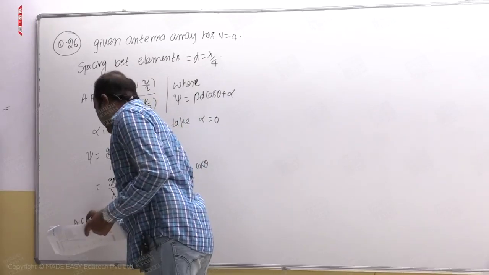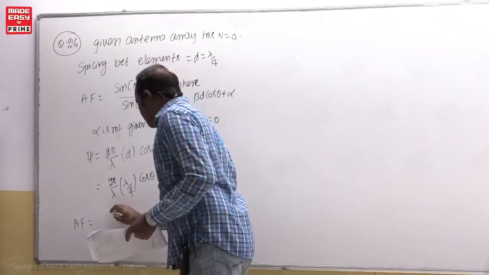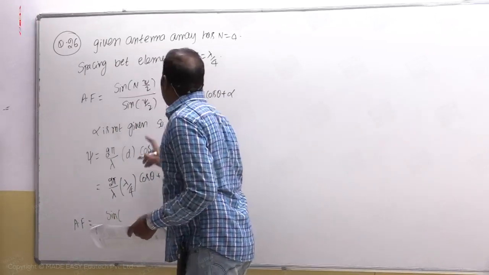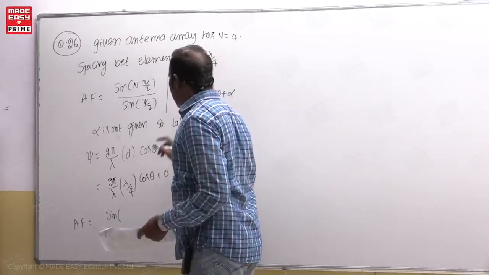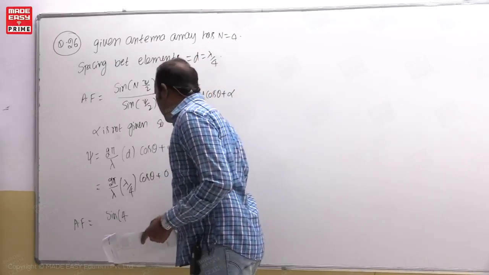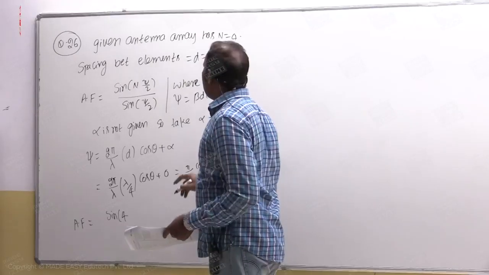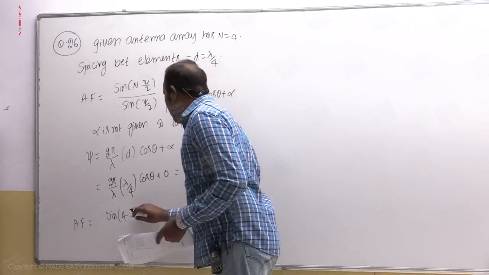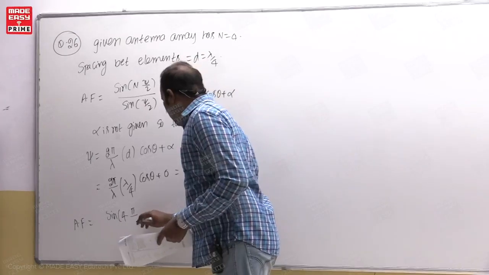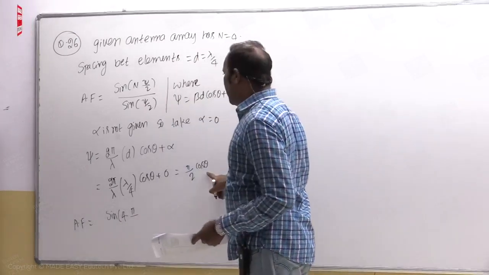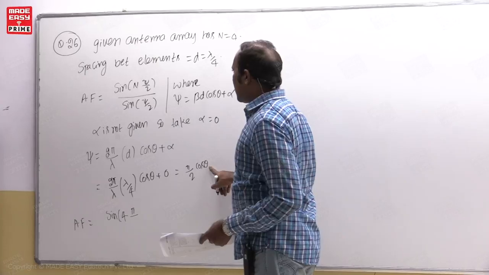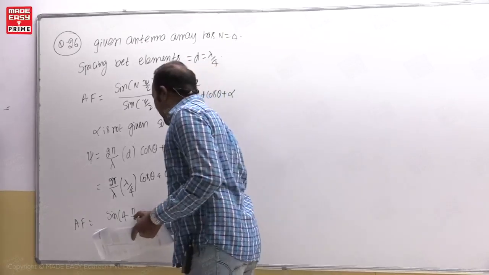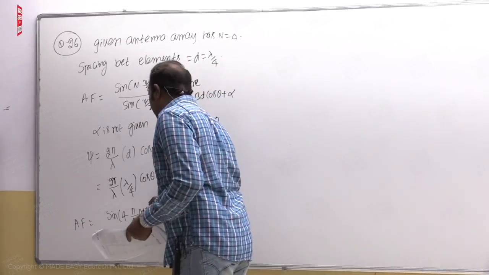In array factor, n value is 4 given, no? So sin 4 psi by 2, where psi is pi by 2 cos theta, psi by 2 means pi by 4 cos theta.